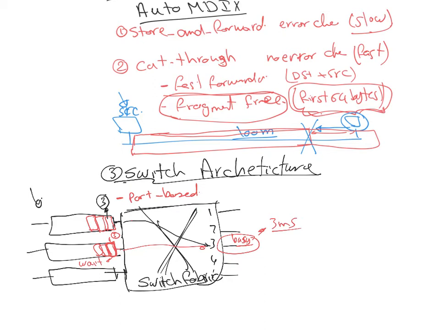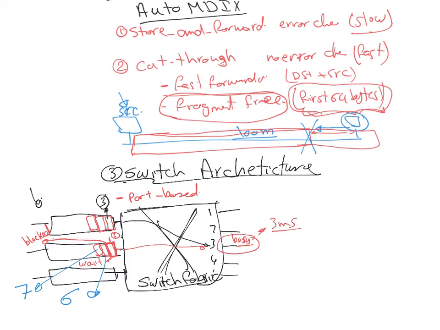When this frame waits, the problem is not actually this frame waiting. The problem is that all the other frames behind that frame are blocked. So imagine that this frame wants to go to port 6, and this frame wants to go to port 7.